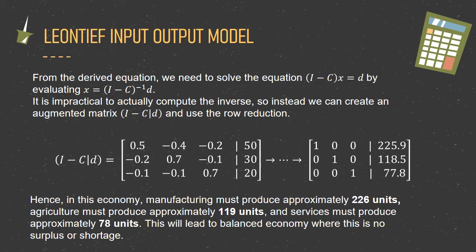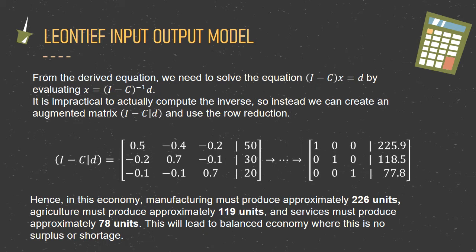From the derived equation, we need to solve the equation I minus C multiplied by x is equal to d by evaluating x is equal to the inverse of I minus C times d. It is impractical to actually compute the inverse, so instead we can create an augmented matrix for I minus C and use row reduction.